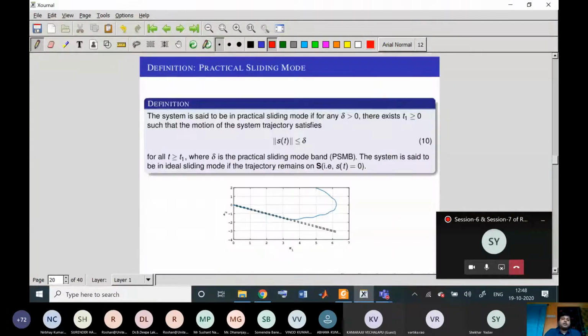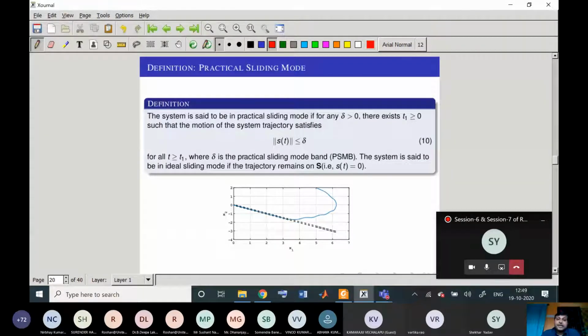So now we are ready to define the practical sliding mode, because we can no longer guarantee that S will be equal to 0 when we go for discrete implementation, that is, the event trigger strategy also.